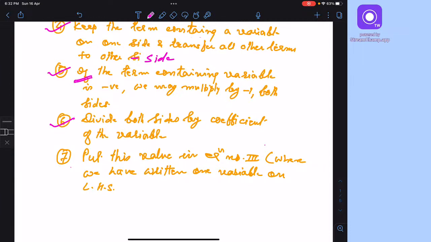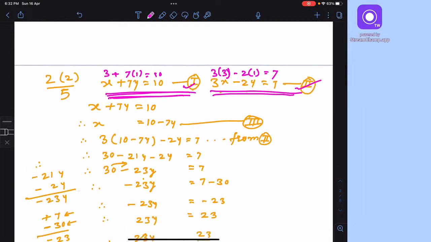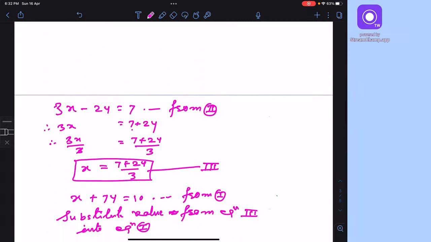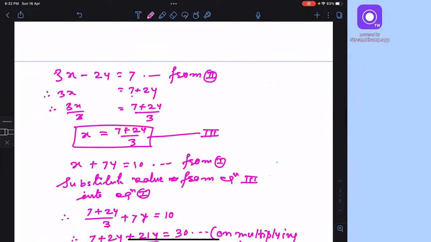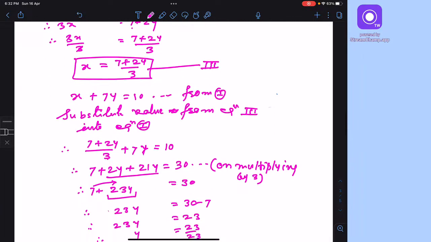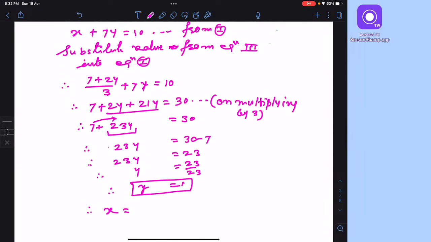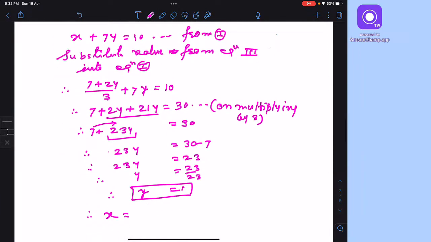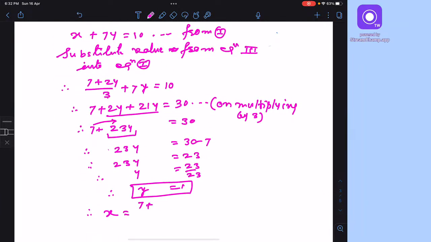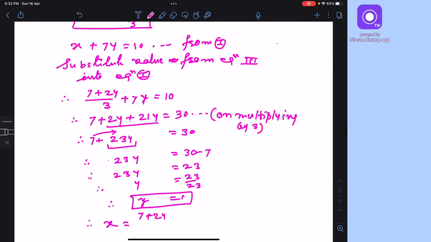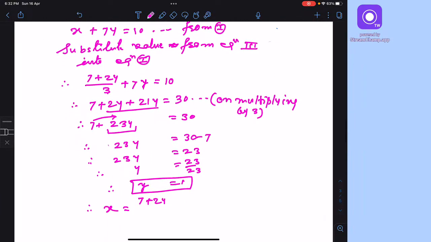Put this value in equation number 3, where we have written one variable on LHS. That we are going to do now. So here, equation 3 is x is equal to 7 plus 2y upon 3. There we have to put this value. Therefore, x is equal to 7 plus 2y upon 3.